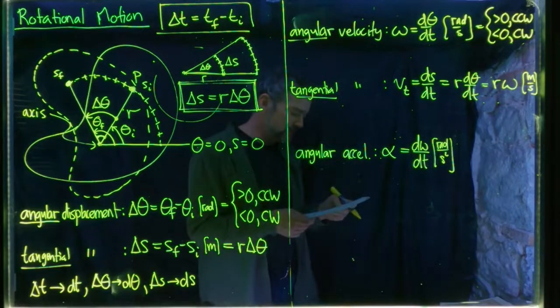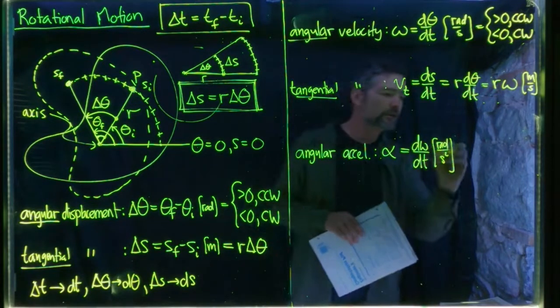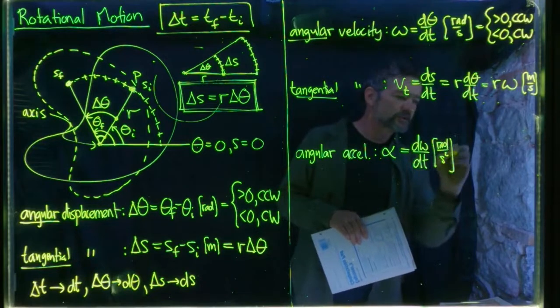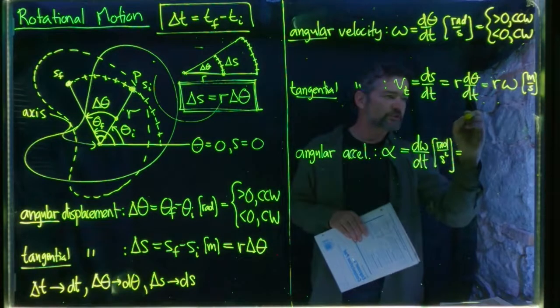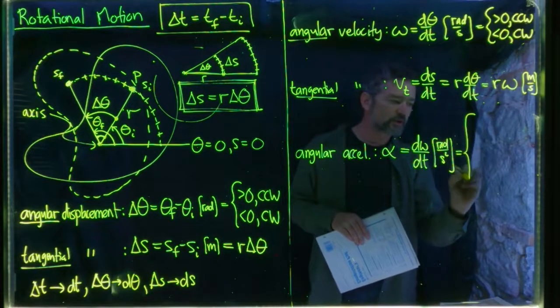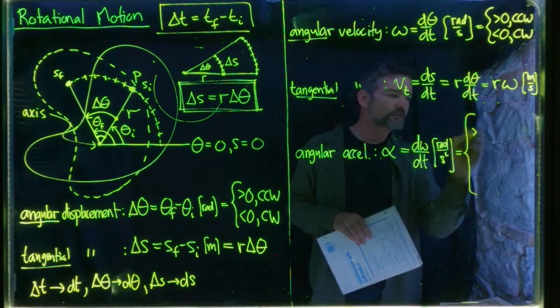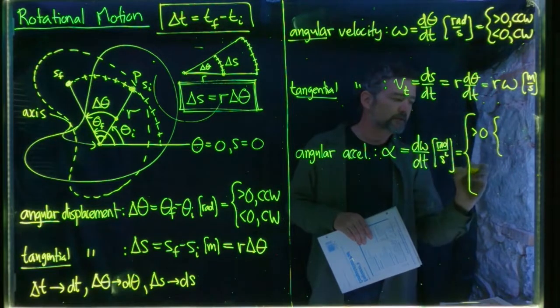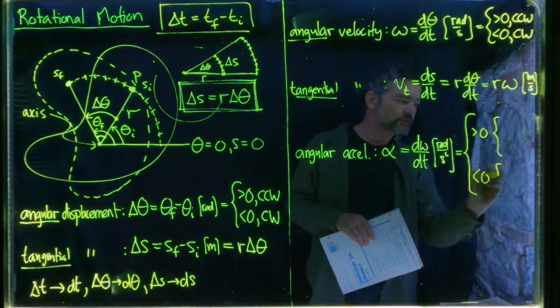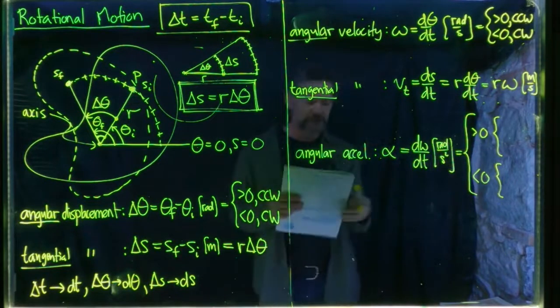Okay? And so this angular acceleration, now this is interesting. This angular acceleration can be positive or negative in different situations. So there's actually 4 situations to think about here. It can be positive in 2 situations, and it can be negative in 2 situations. Okay, so let's take the first situation.